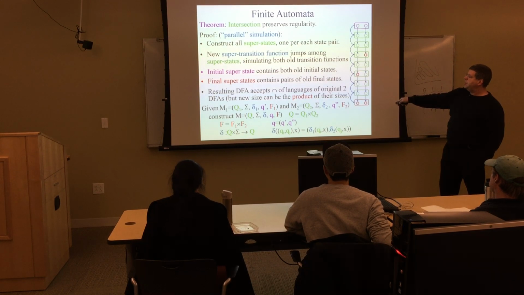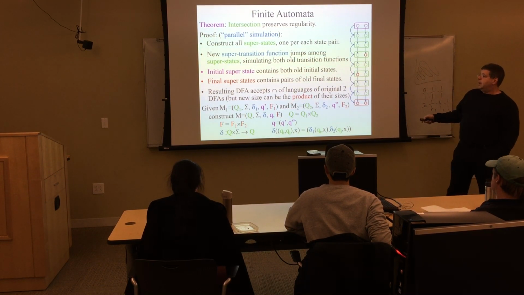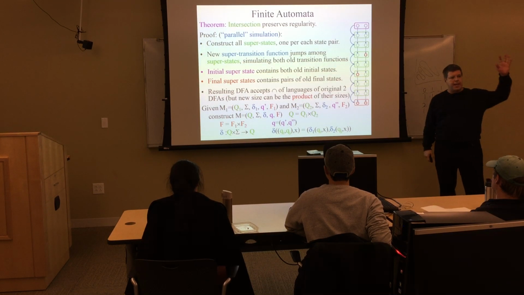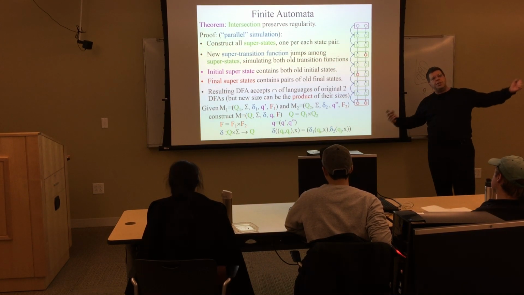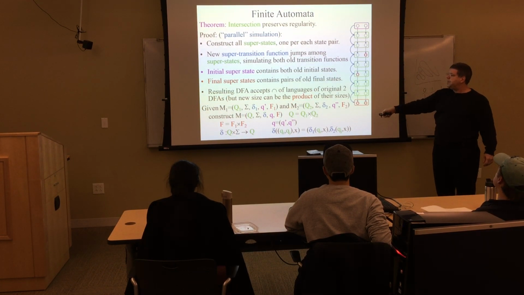Delta2 is the transition function of the second machine. Delta1 is the transition function of the first machine, and so on. So here are the two machines defined symbolically. I'm going to construct a new machine M, whose Q is the cross product of the two state sets Q1 and Q2. How many understand that? I'm crossing the two state sets of the two machines, resulting in these superstates, pairs of states.